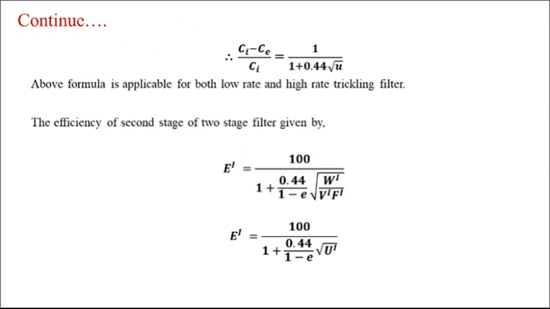By comparing the two efficiency formulas, (CI minus CE) divided by CI is equal to 1 upon 1 plus 0.44 under root of capital U, as the above formula is applicable for both low rate and high rate trickling filter.